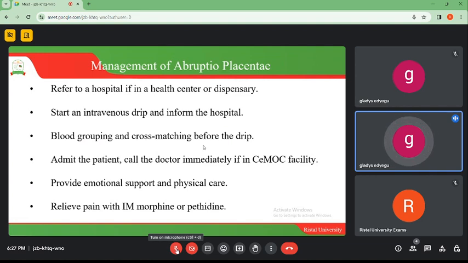As you receive this mother, inform the doctor, I've received this kind of patient, as you are also continuing the management, running the fluids and doing other investigations if they were not done in the previous referring facility.